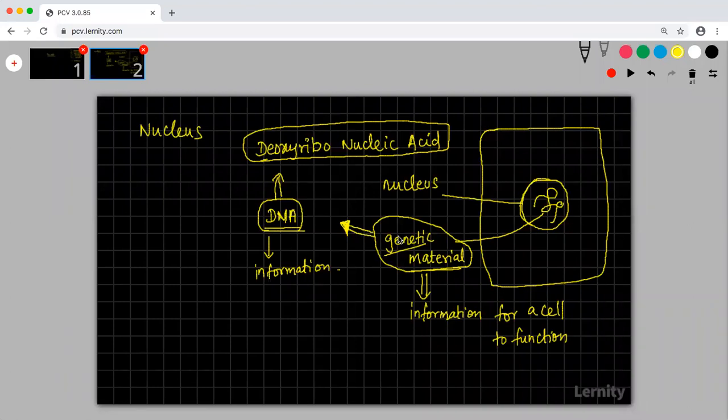So where is this DNA present? This DNA is present inside an organelle which is called as nucleus. Okay, in your body you are having cells. Inside your cells, okay, you have a particular region which is called as nucleus, in which you have this genetic material which is DNA.